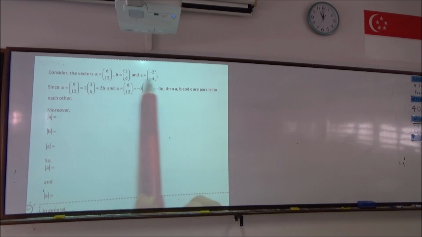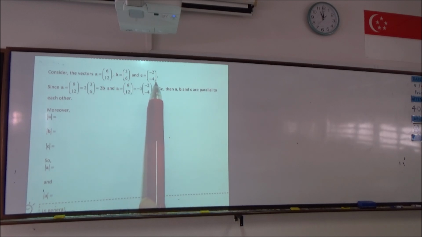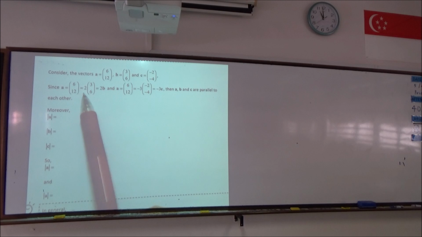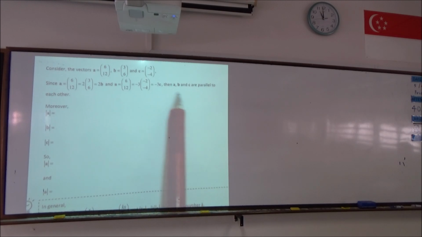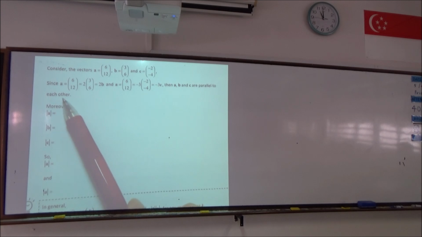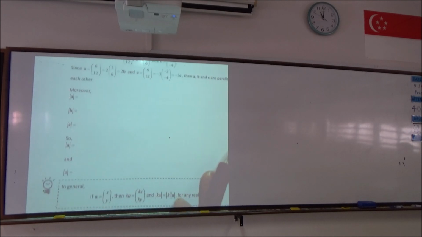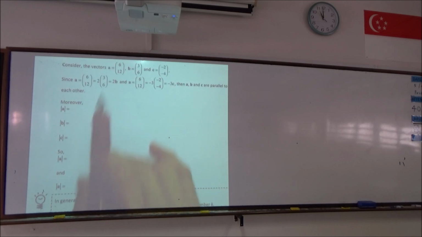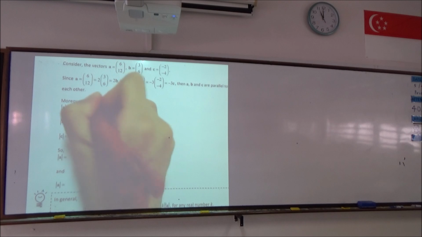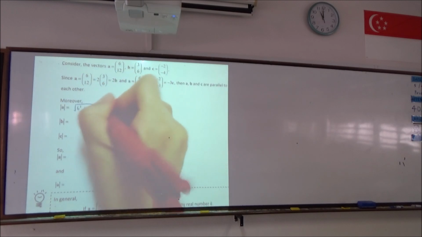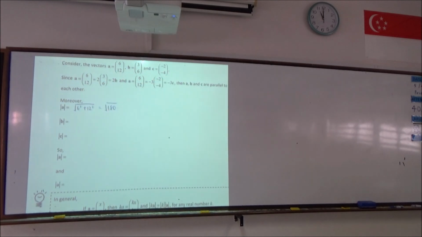So since all of these three vectors given over here, as long as the value of the scalar is not zero, we can see that A, B and C are going to be parallel to one another. Moreover, if we look at the magnitude of A itself, that will be the square root of 6 squared plus 12 squared, which is the square root of 180.